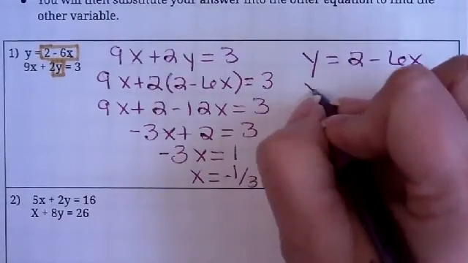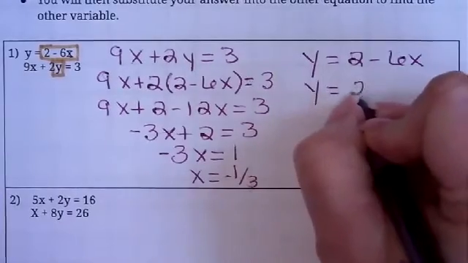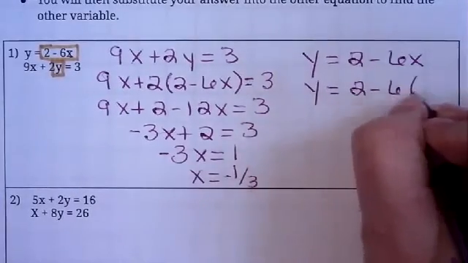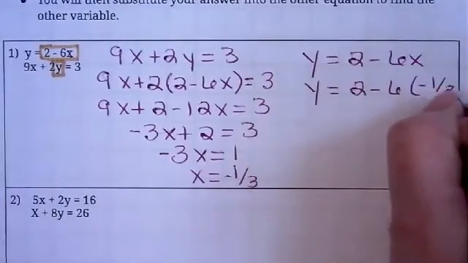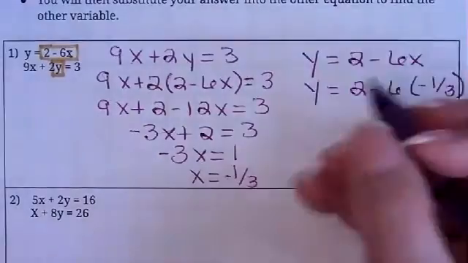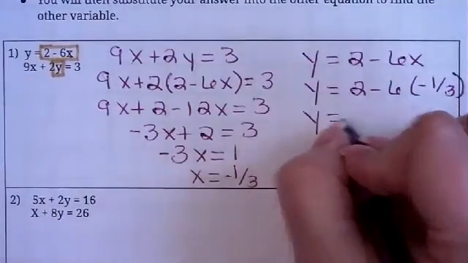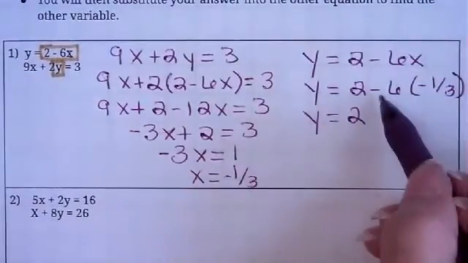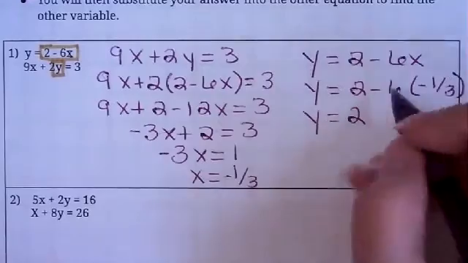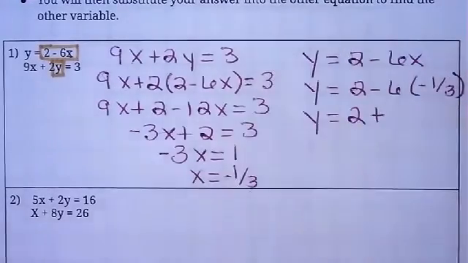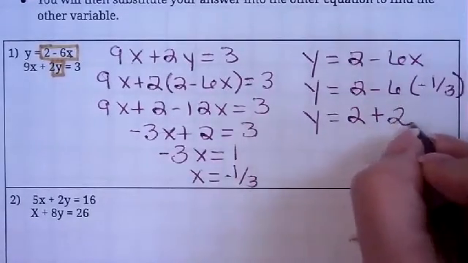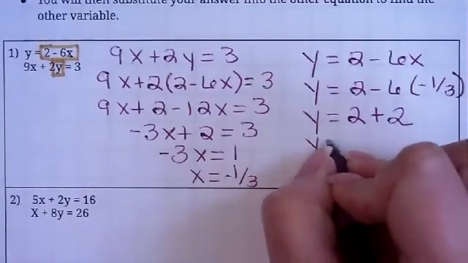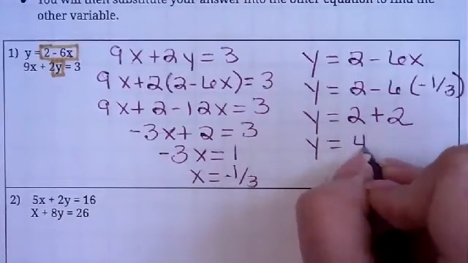So I'm going to have y equal to 2 minus 6 times negative 1/3.